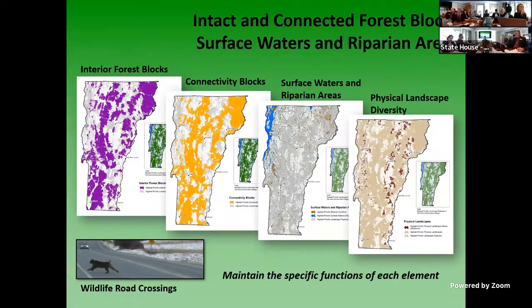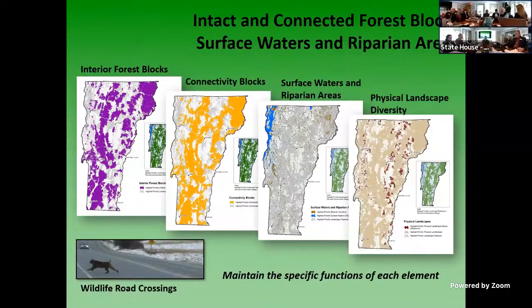You can be the moose that Mr. Austin talked about the other day that could wander from one town through the Worcester Range down to, I forget exactly where that moose went, but it's the pathway that allows for movement like that, of individual animals and species over time. These pathways were informed heavily by the work of Mark Anderson at the Nature Conservancy and the resilient and connected landscape work.